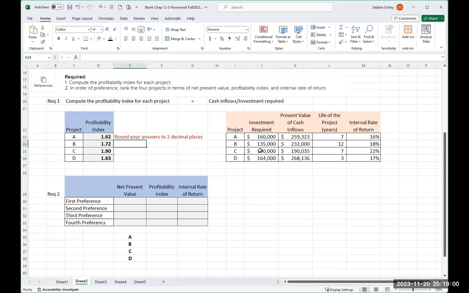The investment required is our outflow. The present value of cash inflows are our inflows. So for A, my inflows minus my outflows. And that tells me that's my net present value.